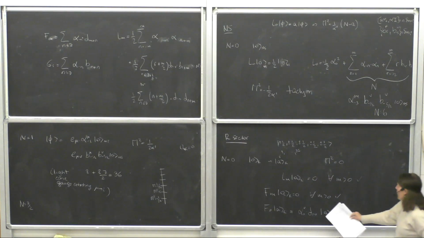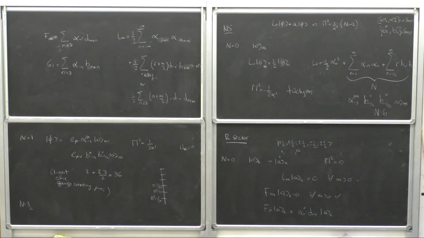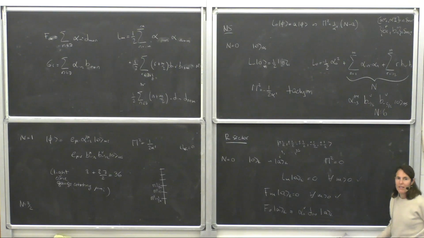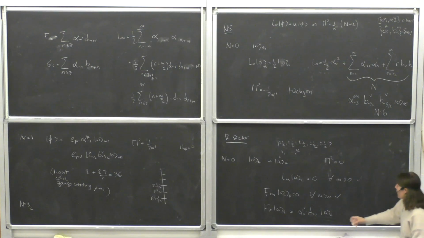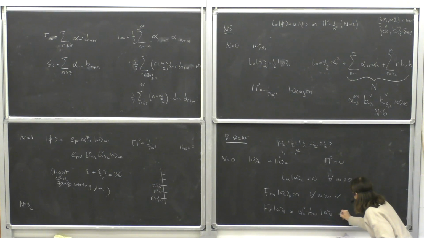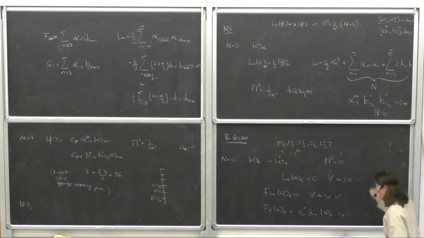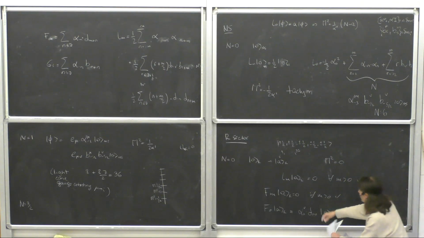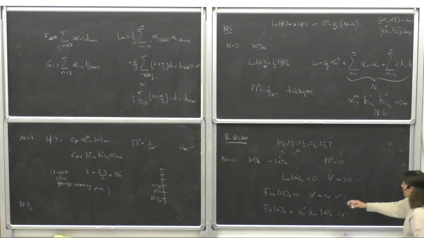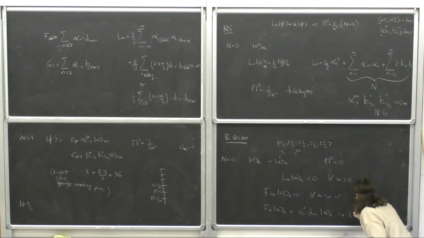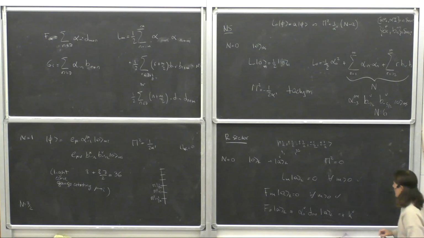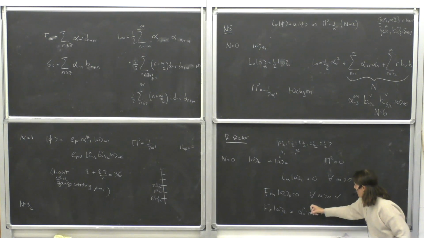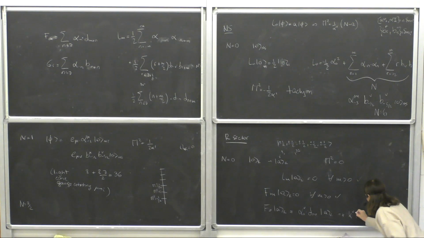So what does alpha 0 do? This is the Dirac equation, right? Alpha 0, up to a coefficient, acting on this gives me a k nu, and this was a gamma matrix.